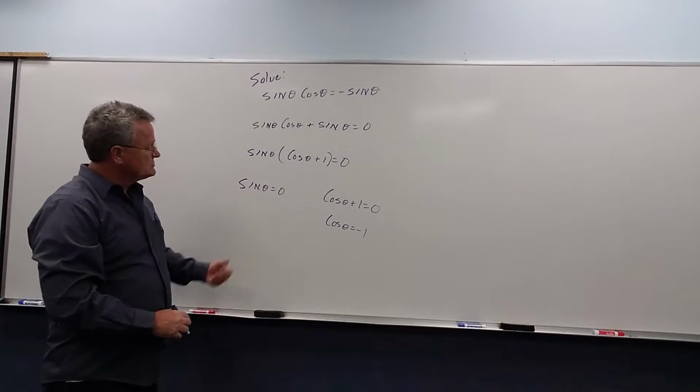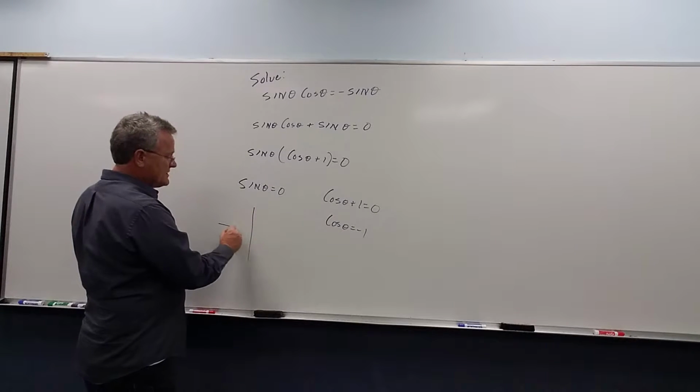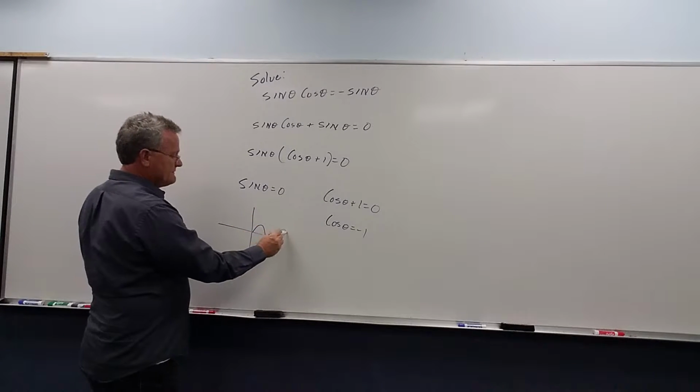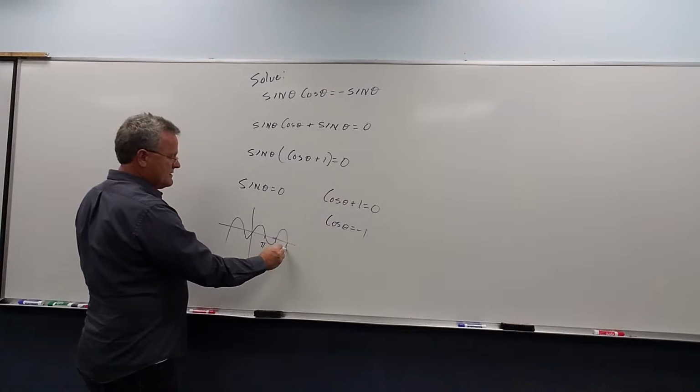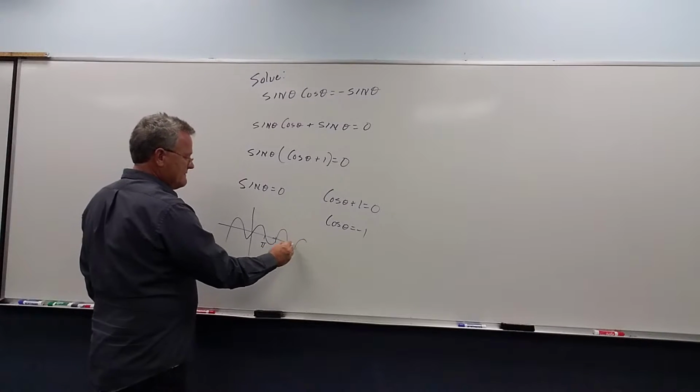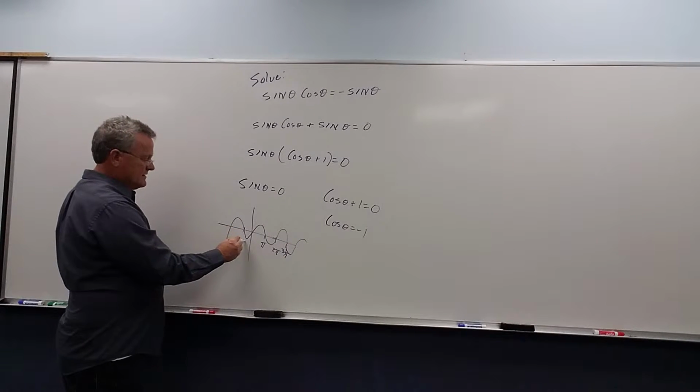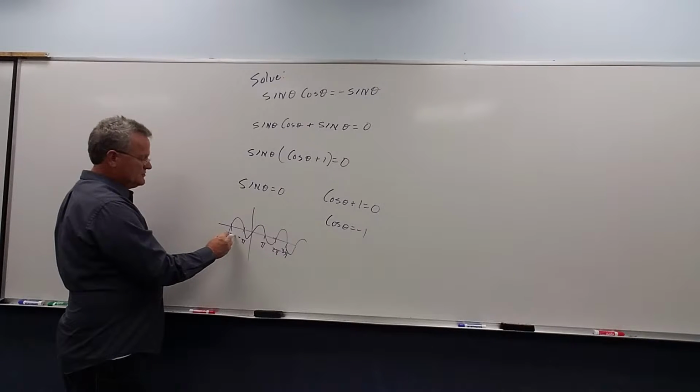So what are the solutions to this? Well, let's take a look at the sine graph. Here's the graph of sine. This is pi, 2 pi, 3 pi, 4 pi, -pi, -2 pi.